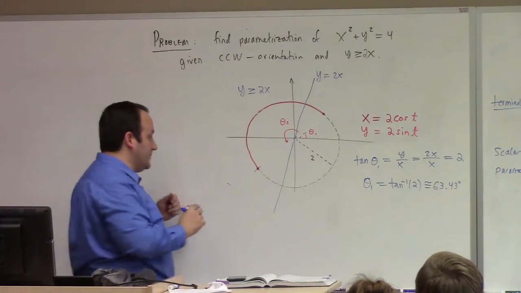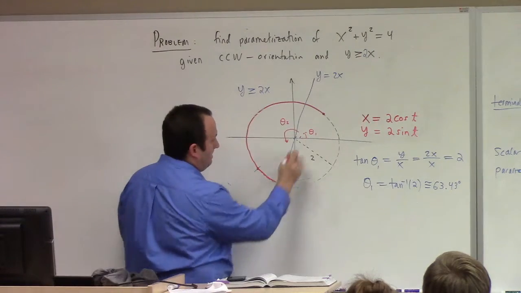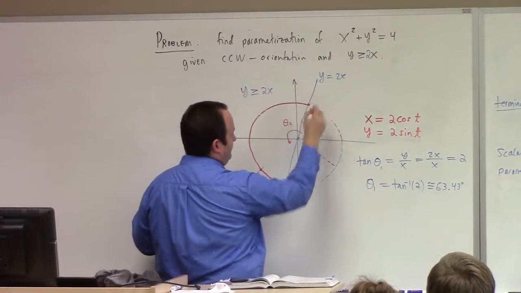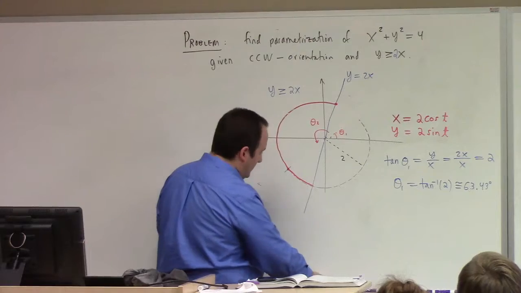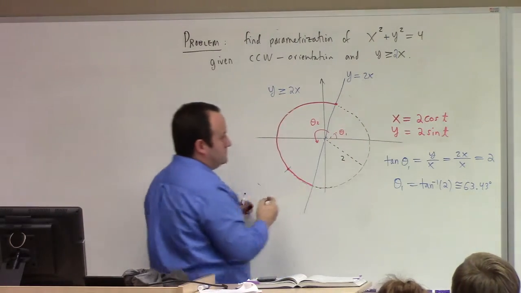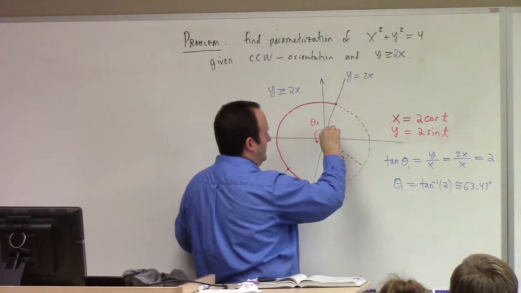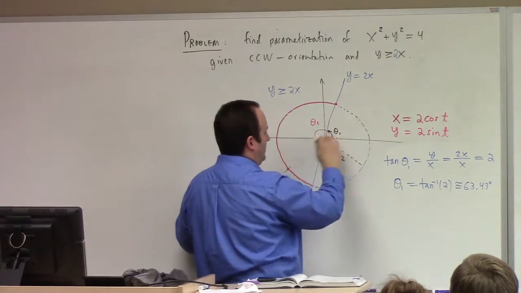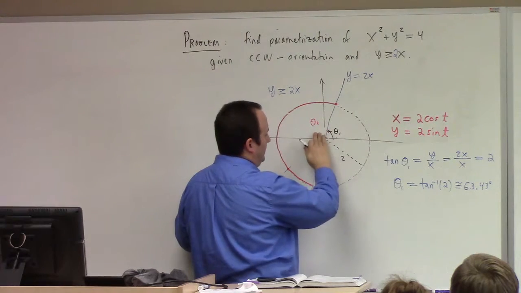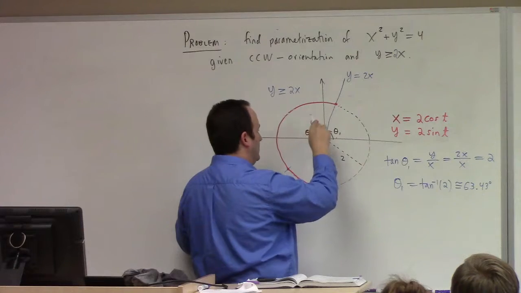So with this modified problem, it's pretty clear we've got theta 1 from 63.43 degrees, right? And here's your theta 2.